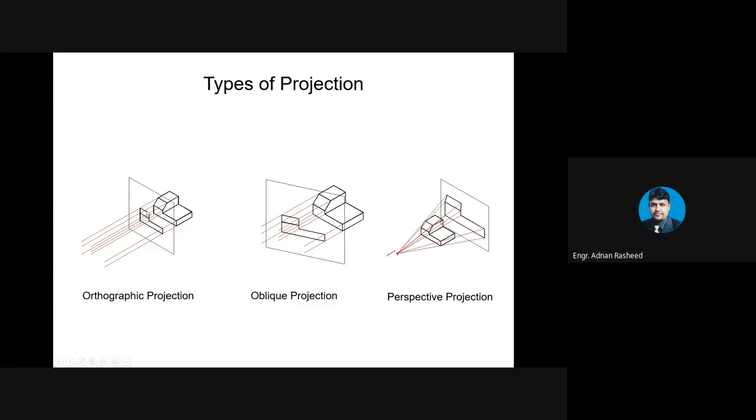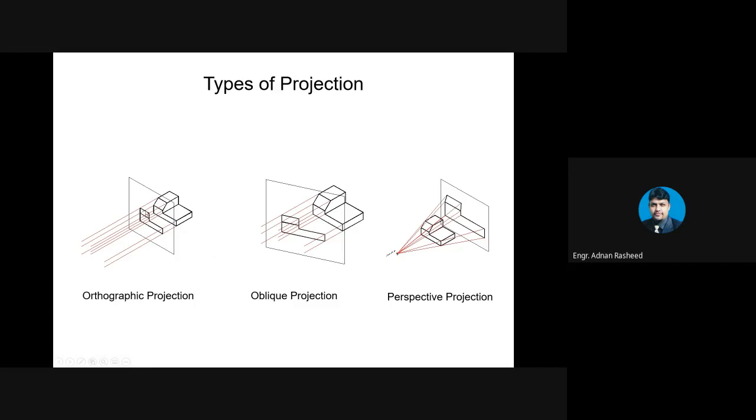Then the image formed will be known as orthographic projection. You can see in this example all these projectors originating from the object hit this picture plane perpendicularly.